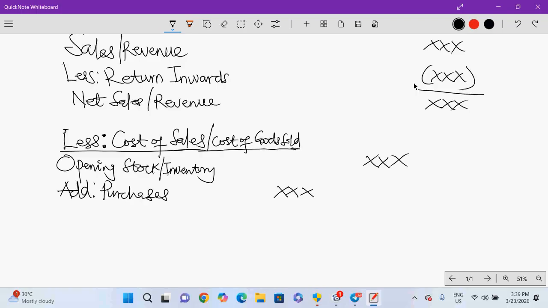So once we buy these purchases, maybe we go to the market, we buy them. Once we buy it, will the items vanish from wherever it is and then get to the business automatically, right? No. So what happens?